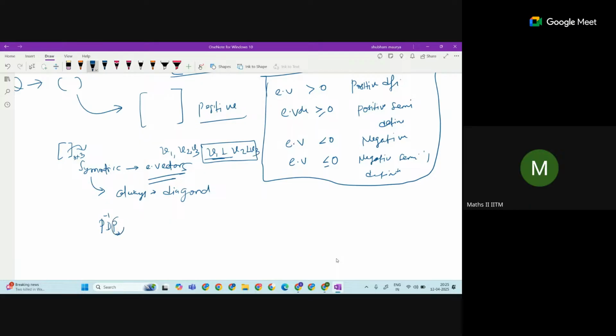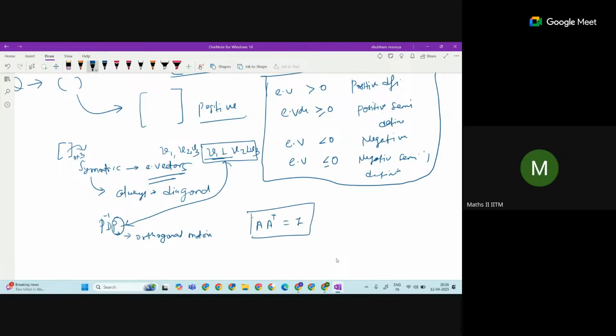And this is going to be an orthogonal matrix because this P is formed using v1, v2 and so on. If the columns of a matrix are orthogonal, that is called an orthogonal matrix. In different words, if you take the transpose of it and multiply, you will get the identity matrix.